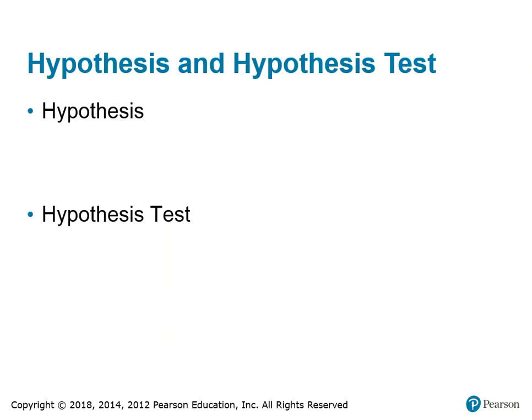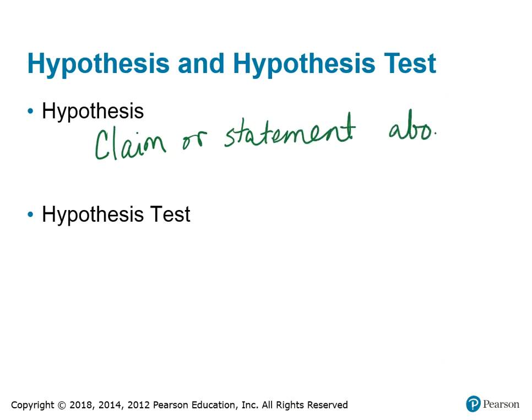So the first thing we need to talk about is the idea of a hypothesis. In statistics, a hypothesis is a claim or a statement about some type of property of a population, a group we're trying to learn about.